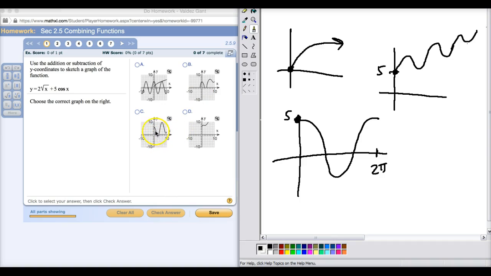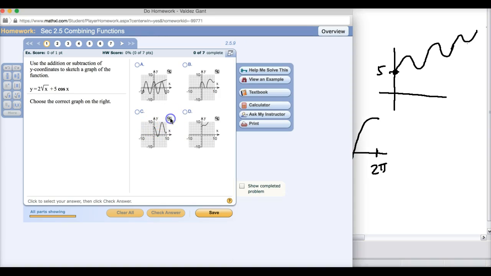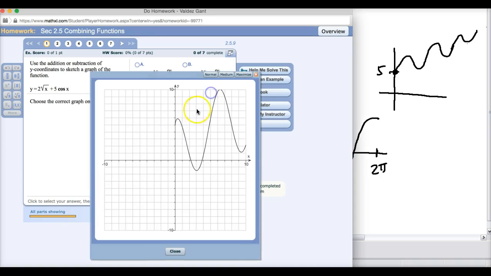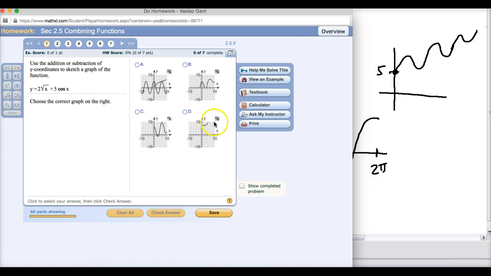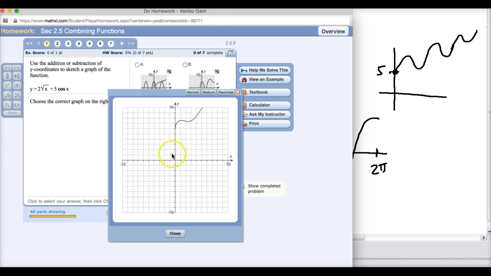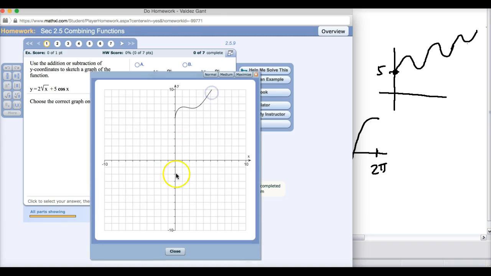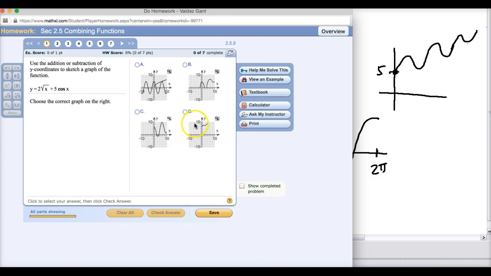C, although it looks like it would be it, if we look a little closer, we'll see that the y-intercept is at 1, 2, 3, 4, 5, so that actually looks okay. If we look at D, you'll see that we have a y-intercept at 1, 2, 3, 4, 5, 6, okay? So D won't work. So A, B, and D won't work, so the answer must be C.